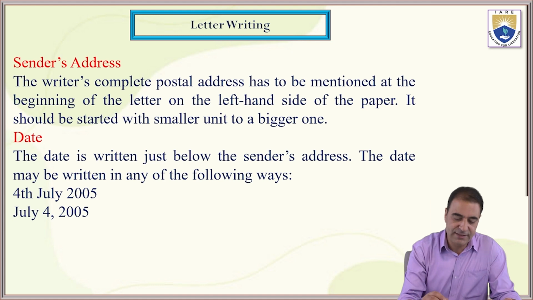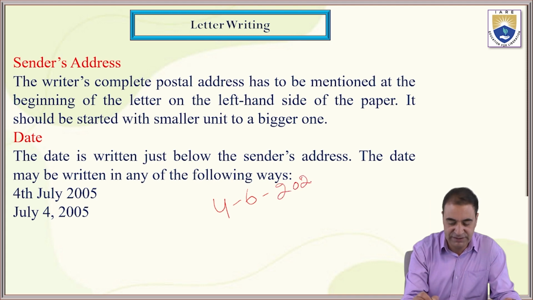For example, sometimes we write 4, 6, 2024, like this. Or sometimes we write 4, 6, 2024 in a different way.